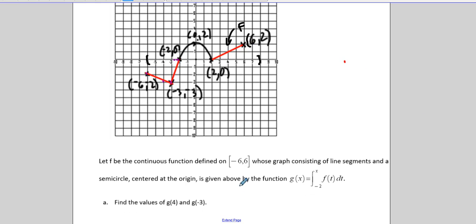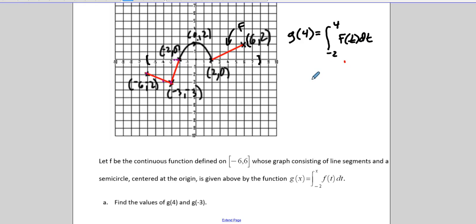Okay, so part A says find the values of g of 4 and g of -3. Let's start with g of 4. g of 4 is literally just plugging in the value of 4 for x.